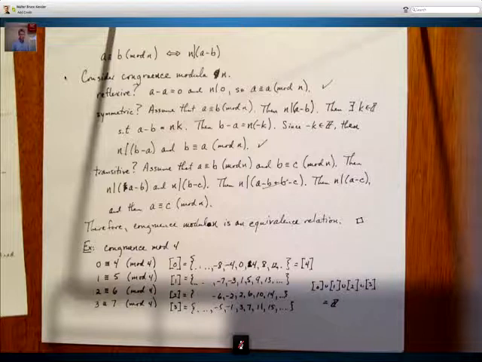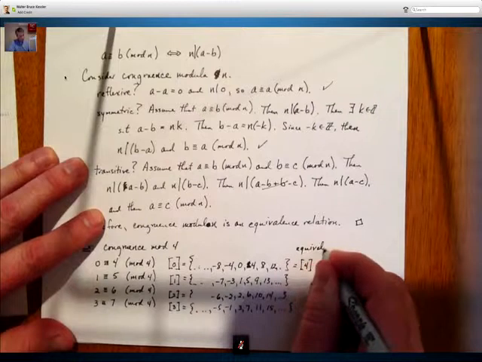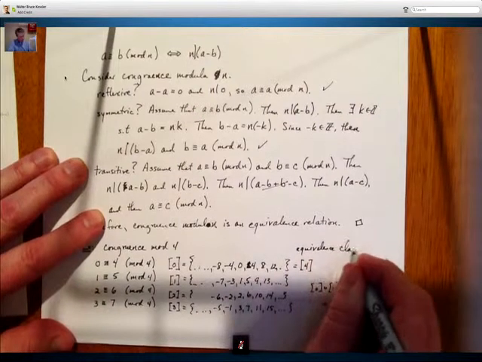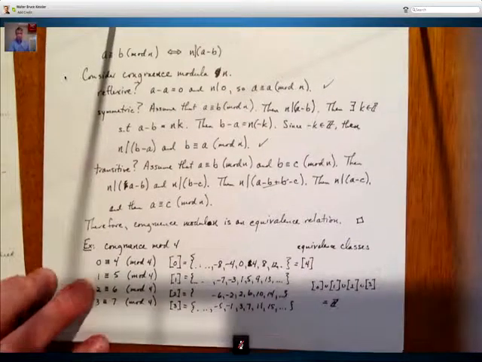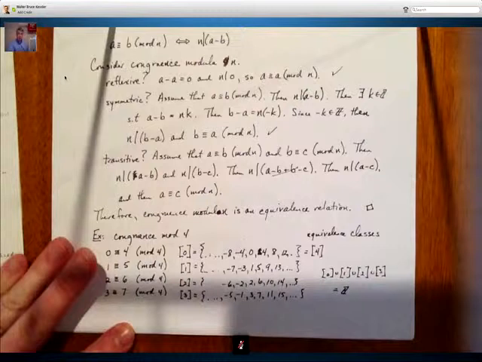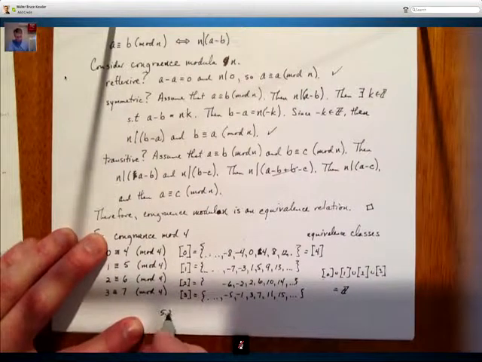If we can find a relation that has those 3 properties, it gives us a cool way of partitioning that set, okay, into what are called equivalence classes.